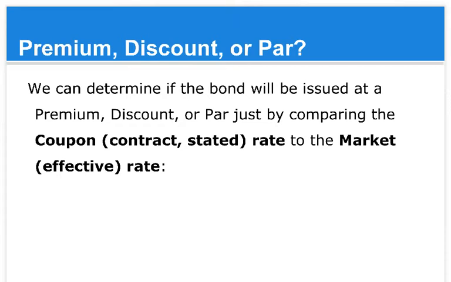Now on the previous slide, we discussed how the coupon rate and the market rate affect the price of the bond. But how did they do it? I mean, are we going to have a premium, a discount, or will the bond be issued at par? We can take a look at some theory to help us determine at which price the bond will be issued. What we need to do is compare the contract rate to the market rate.